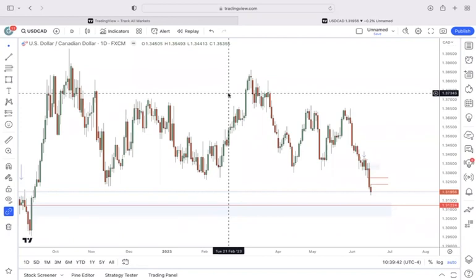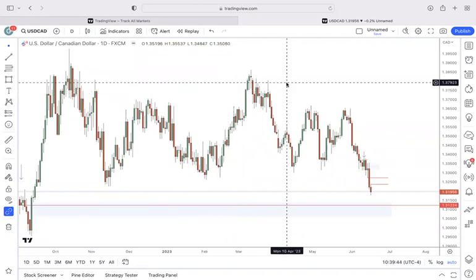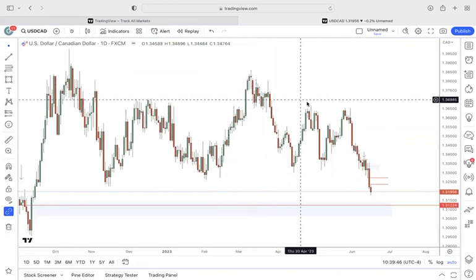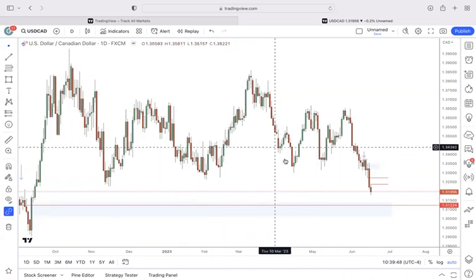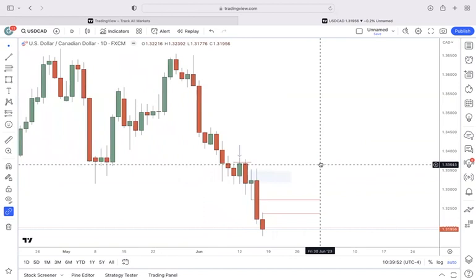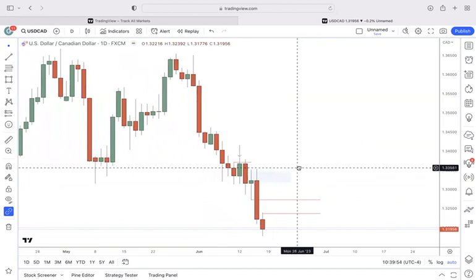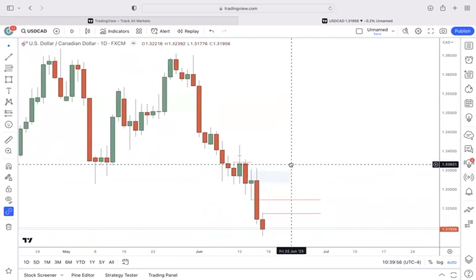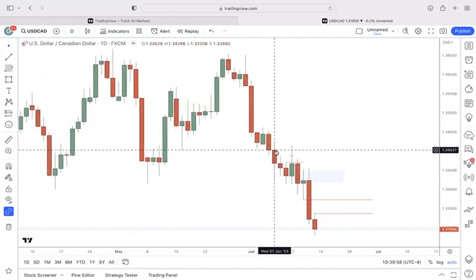So your question is, what if price closed halfway through the order block? Which one are you referring to? Oh, that's just a tricky question, Lucas, because I've seen price do that.